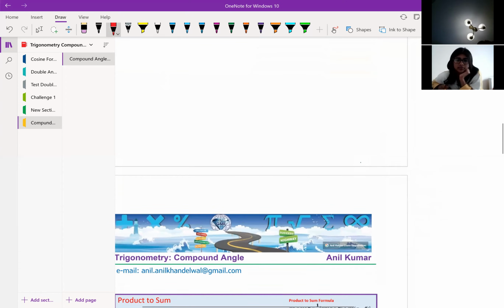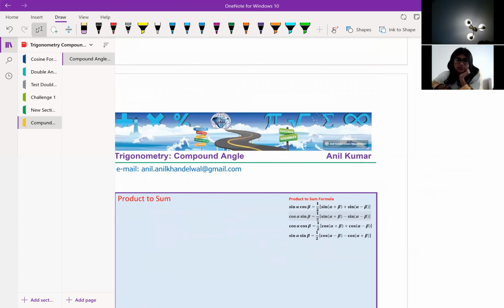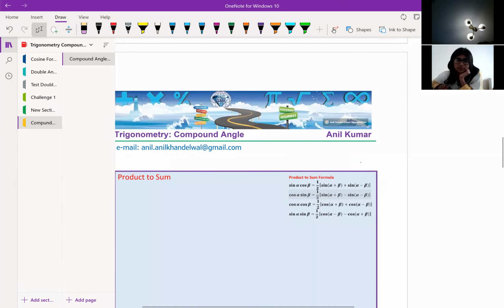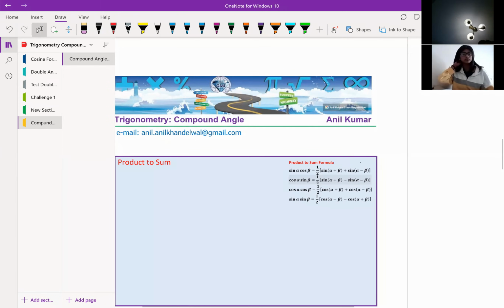The next type of formula you're looking into is product to sum. Before coming to product to sum, there is a very interesting formula which I would like to share, and I'll do it here. Let's again begin with the sine A plus B formula.